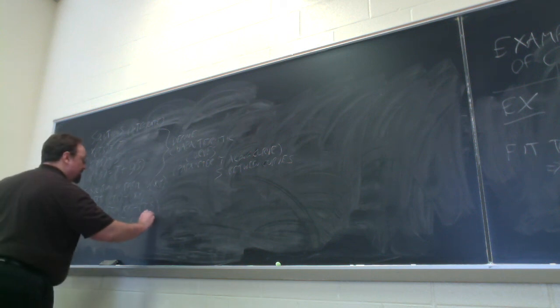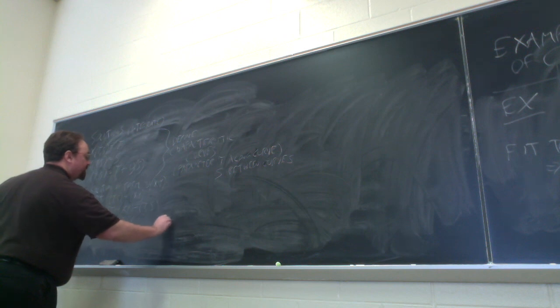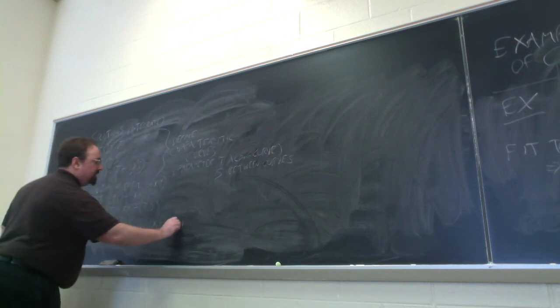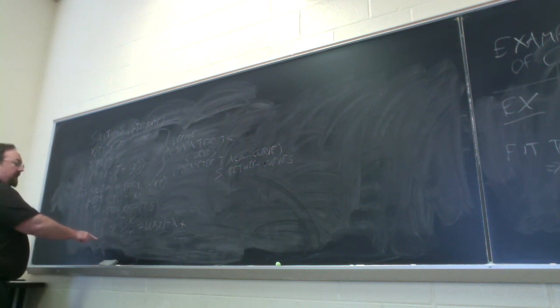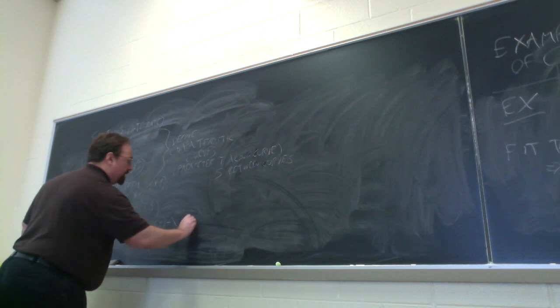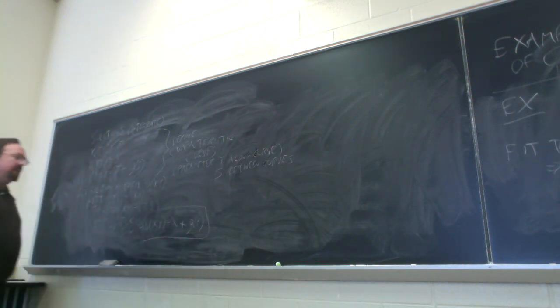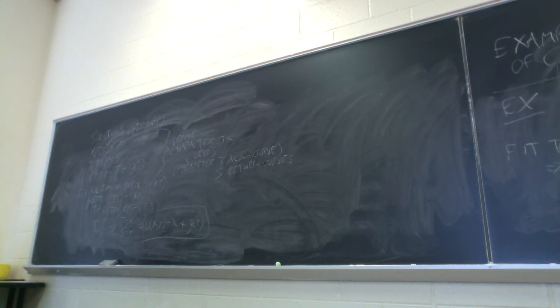So u of x, y is equal to tau, which is x, plus g of s, but that's g of y. Okay, so that's your solution, your unique solution in this case.